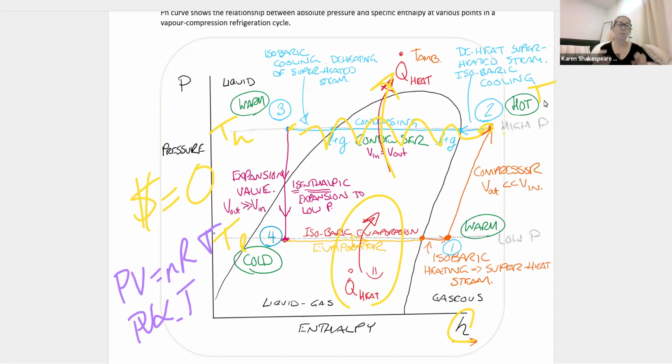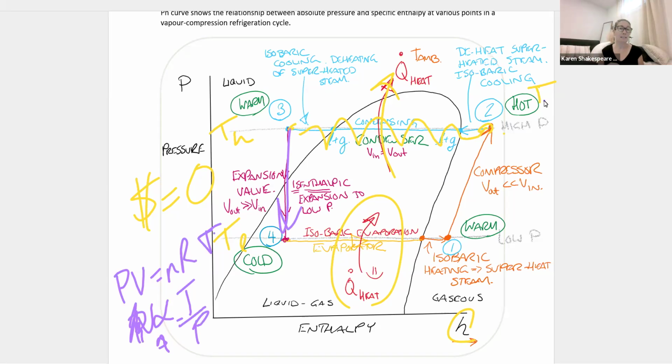So if you hold the volume constant... what am I holding constant here? If I increase the volume a lot, then I'm also going to be decreasing that pressure, and I'm going to be decreasing that temperature, which will get us all the way down here.